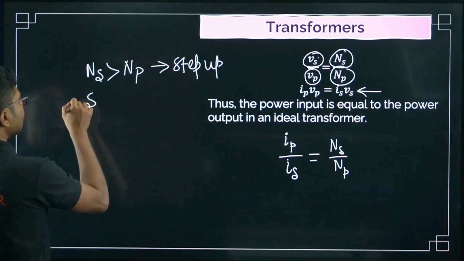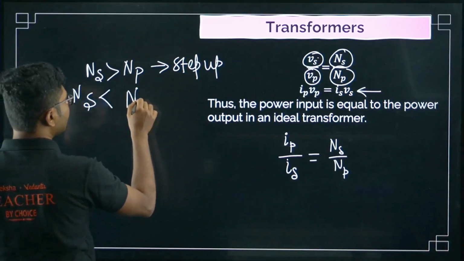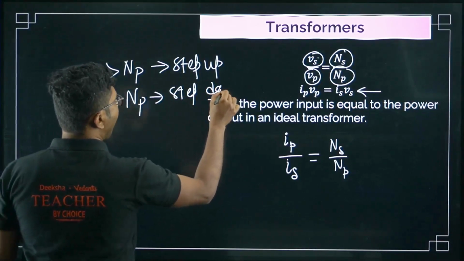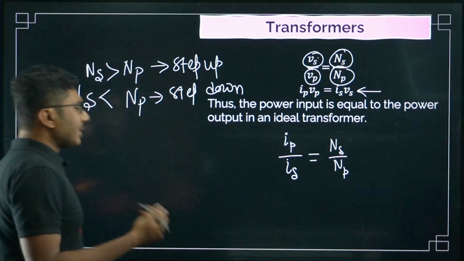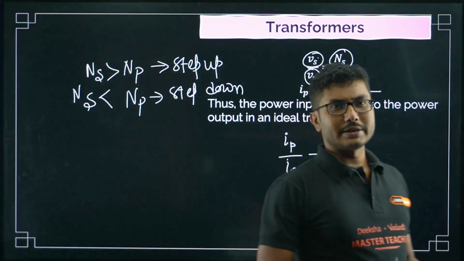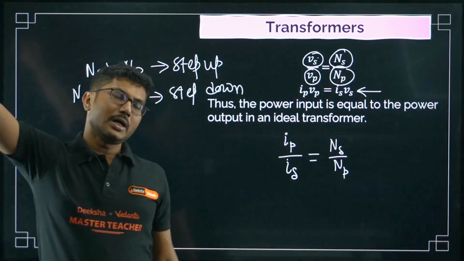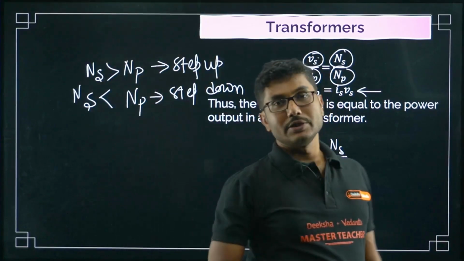If the number of turns in the secondary is less than that in the primary, it is called a step down transformer. Step down transformers are used just before the power reaches your home. Step up transformers are used when it is going from the power station towards your city.